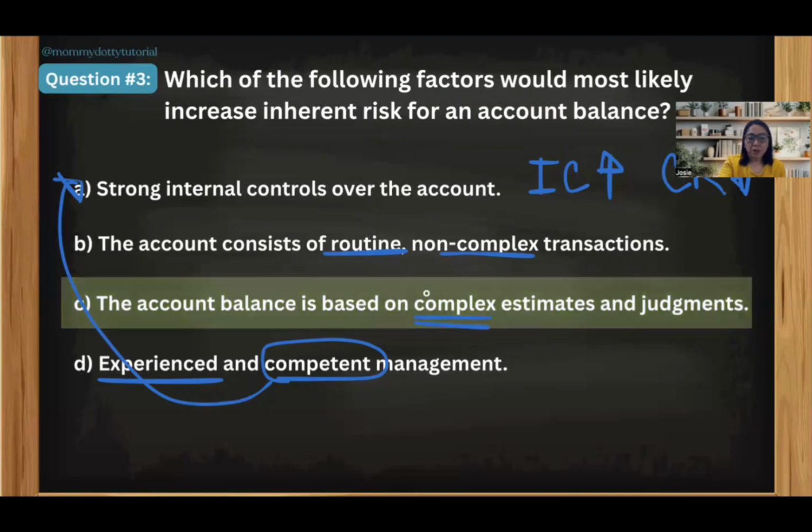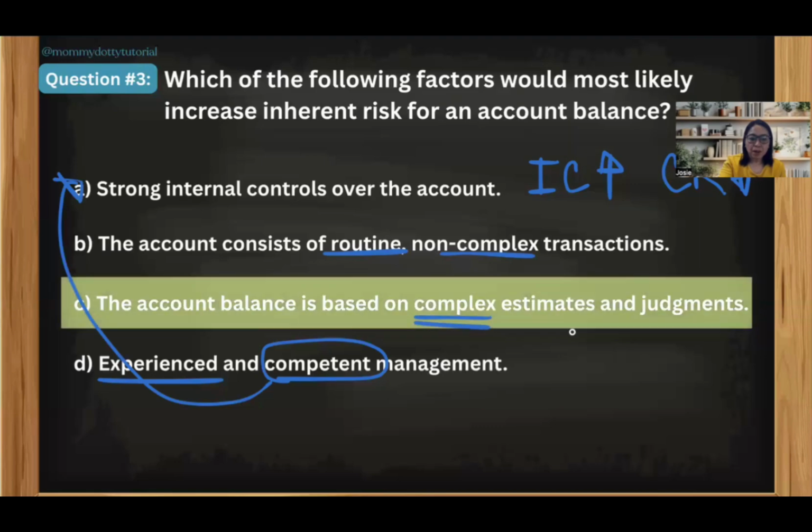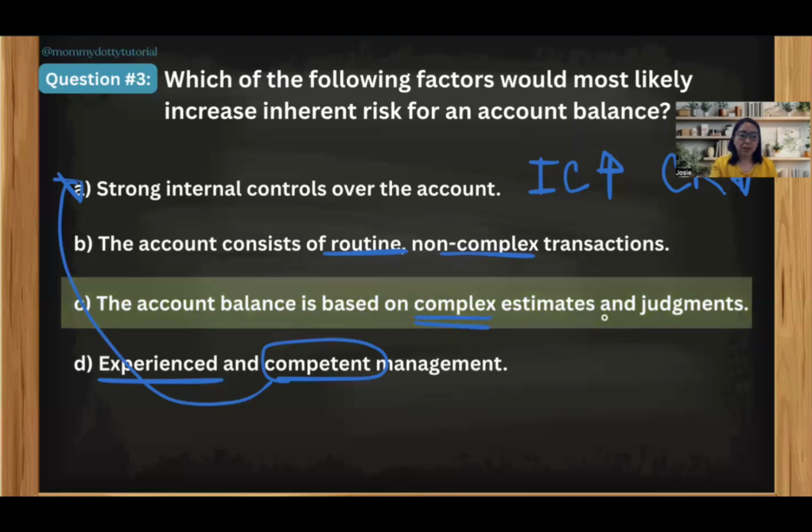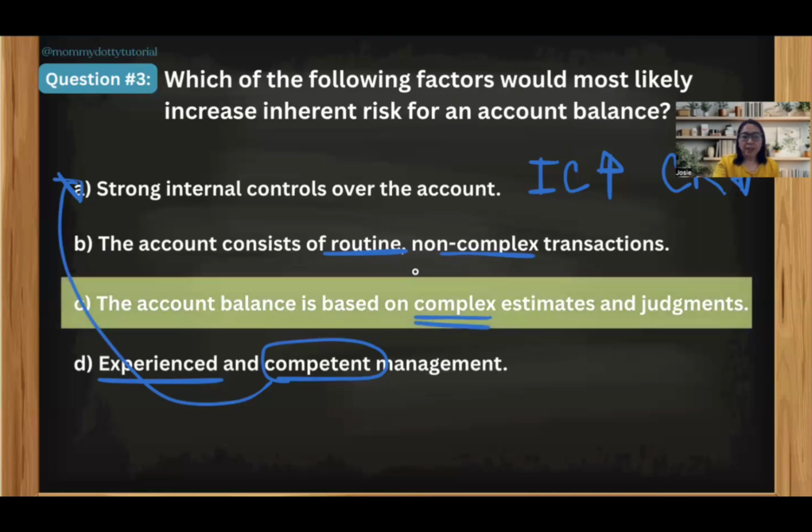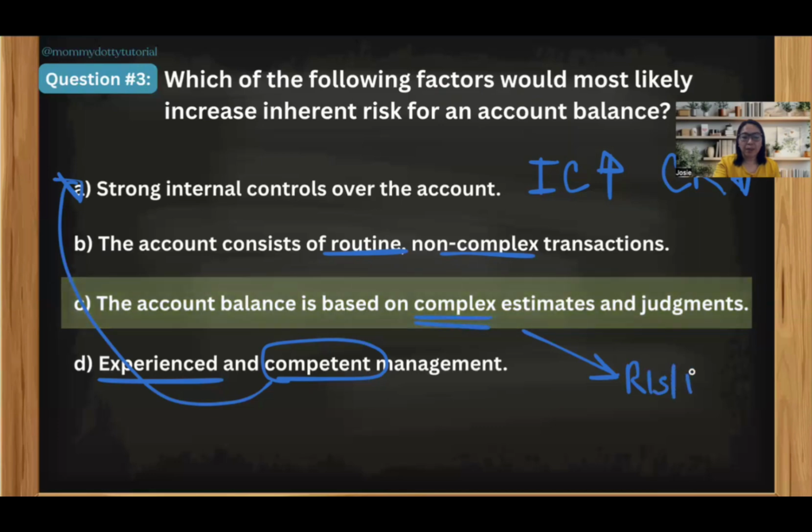Basta if you see the word complex, it's either complex transactions, complex operations, complex yung nature of the business. Tandaan niyo pag may word na complex, lagi yan ang risk. Risky lagi. Pagka complex ang lahat, risky. Remember, okay?